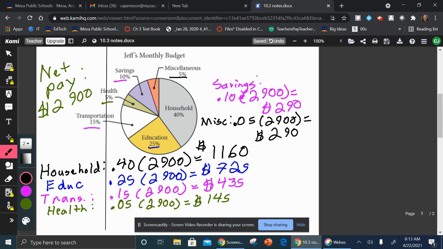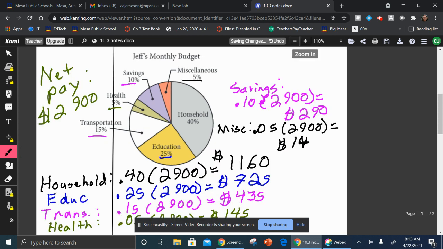It would help if I actually looked at what we're supposed to be doing. Half of 290 would be $145.